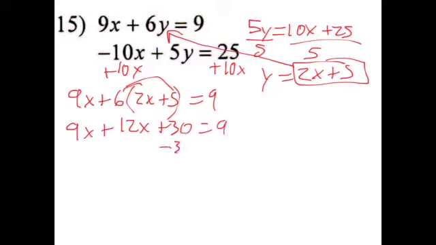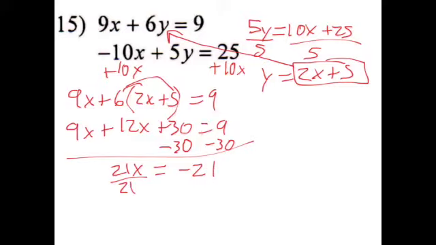I'm going to get my x's all gathered together and by themselves on that side, so I'm going to subtract 30 from both sides. Left side, I am looking at 21x, and then the right side, I'm looking at negative 21, because 9 minus 30 is negative 21. Divide both sides by 21 to get x all by itself, get rid of that number in front. We'll get x equals negative 1. Man, that's a lot like last time.